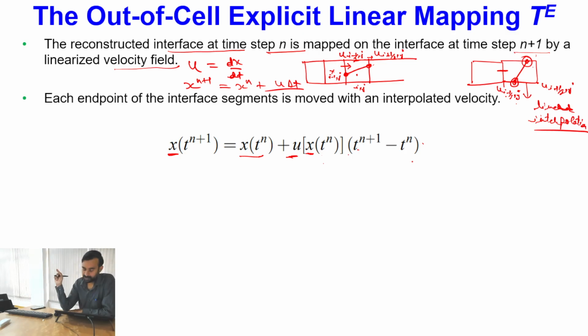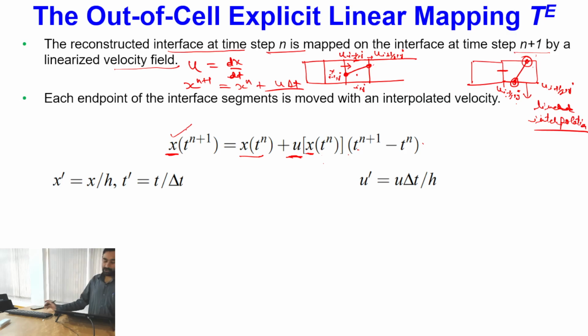And one important point to keep in mind: when we calculate the position at time level n plus 1, we are using the velocity at time level n. It means we already know this velocity, so it explicitly gives me the new position of x in the next time step. So this is an explicit equation.